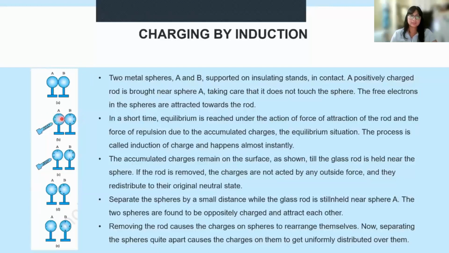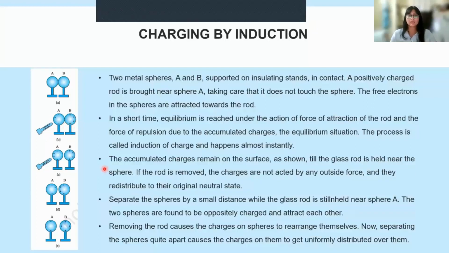All the positives will be on this side and all the negatives on that side, in an equilibrium situation. This is then called induction of charge, and it usually happens almost instantly. As soon as you bring the rod towards sphere A, it happens in a very short amount of time.